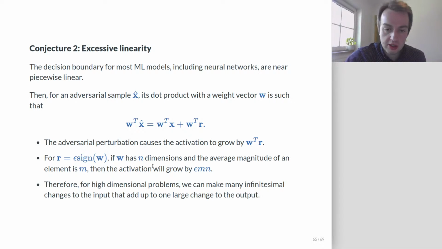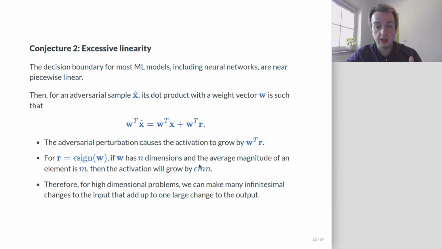And if w has n dimensions and the average magnitude of an element of w is m, then the activation with respect to the original value will grow by an amount which is proportional to epsilon times m times n, right? And so since we are dealing with a very high dimensional problem, even if epsilon is small, because n is large, even a tiny perturbation may have a large effect because this can become big very quickly.